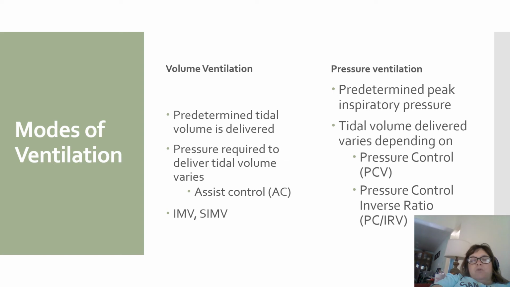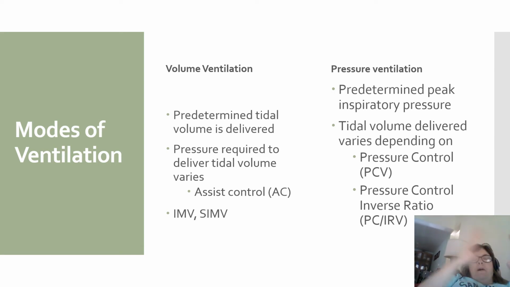One of the biggest modes we see is assist control. Pressure ventilation is a predetermined peak inspiratory pressure, because we know that while we can do it and do it well, it's not always the best for the patient. And we found that by pushing too much volume, it can destroy alveoli.